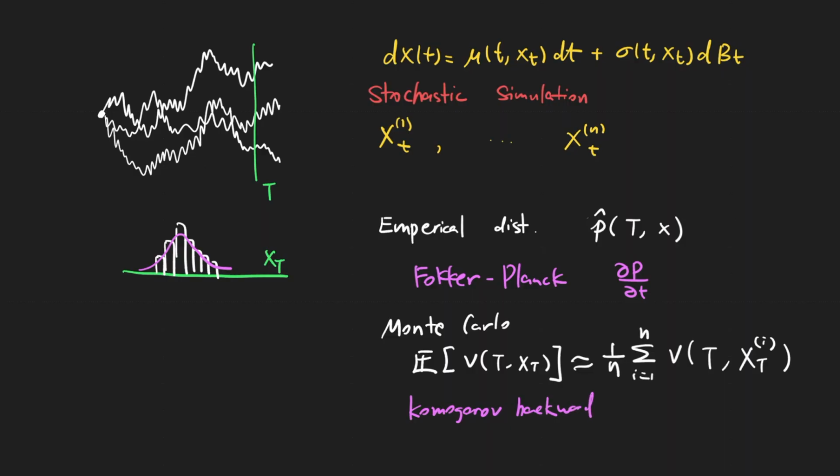The Black-Scholes equation for option pricing is a special case of that. The Kolmogorov backward equation tells us the evolution of the expected value. We'll derive this equation after the Fokker-Planck video, probably.